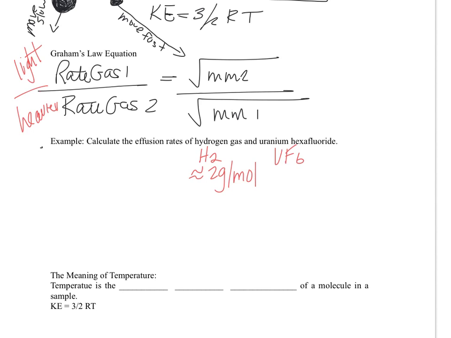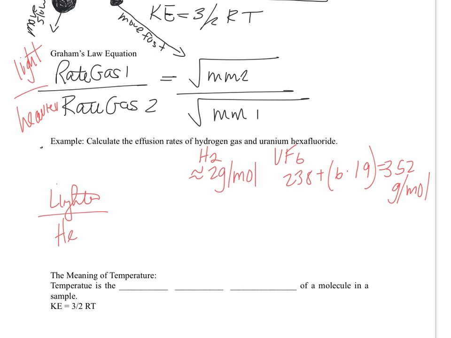And uranium, you've got uranium's 238 plus 6 times 19, approximately 352 grams per mole. So remember I said lighter versus heavier.